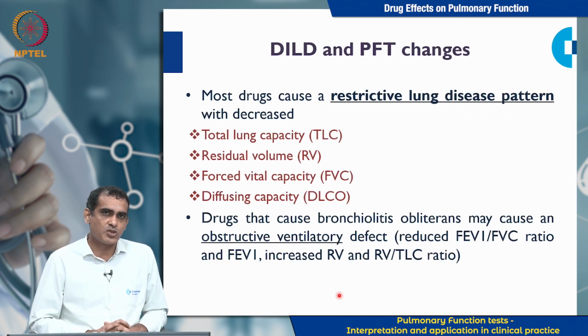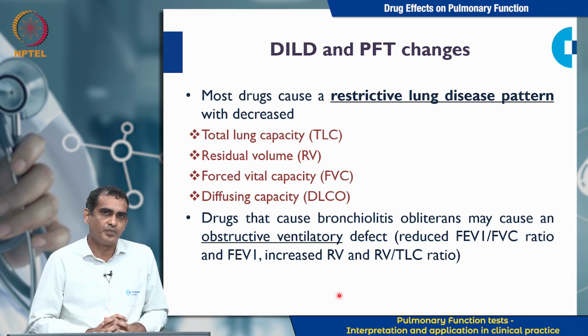Now, what are the changes we can encounter in case of drug-induced ILD or drug-induced lung toxicity? Usually in pulmonary function tests, we have 2 patterns. One is a restrictive lung disease pattern, the other one is an obstructive lung disease pattern.